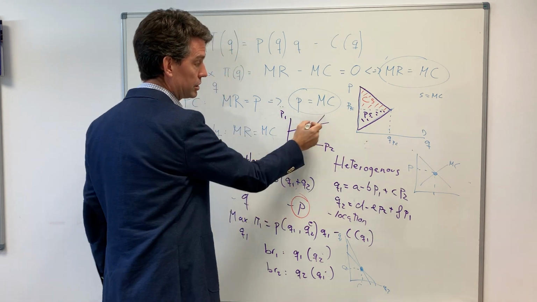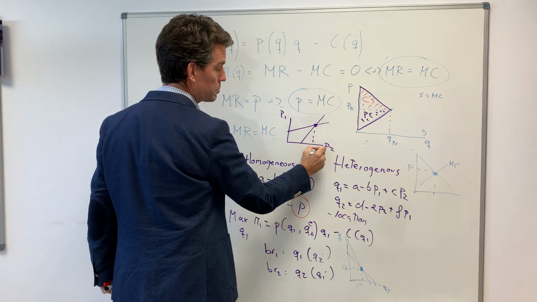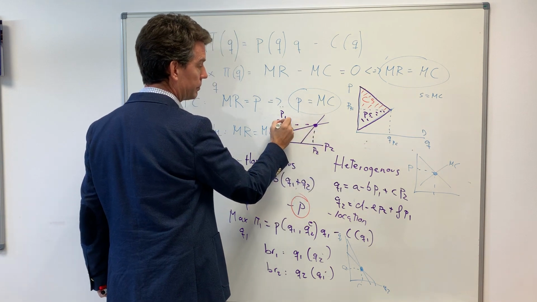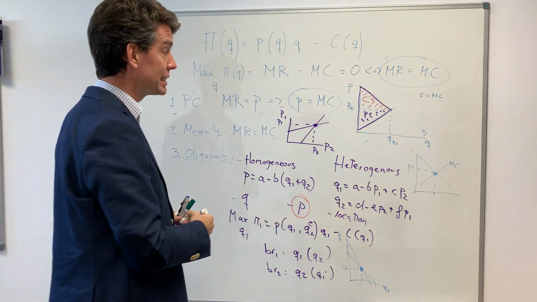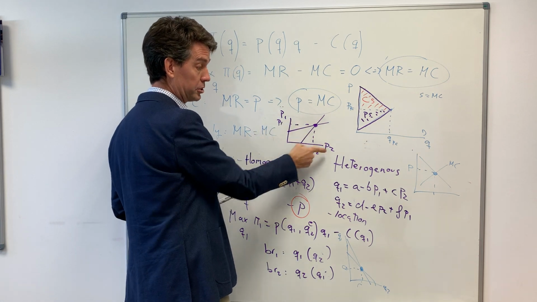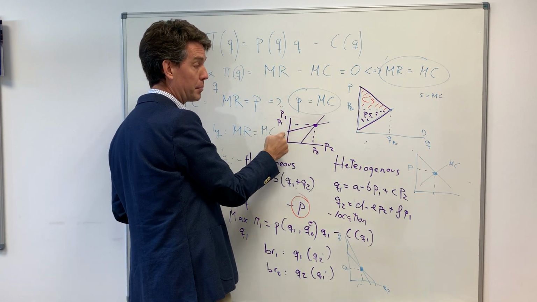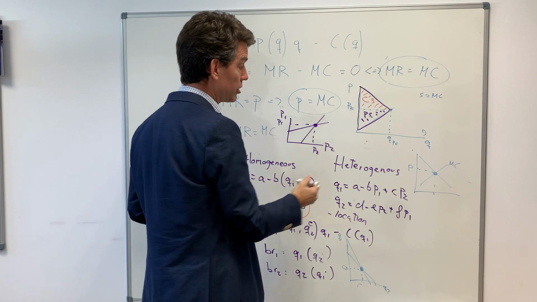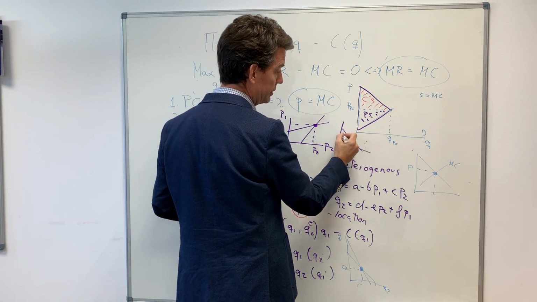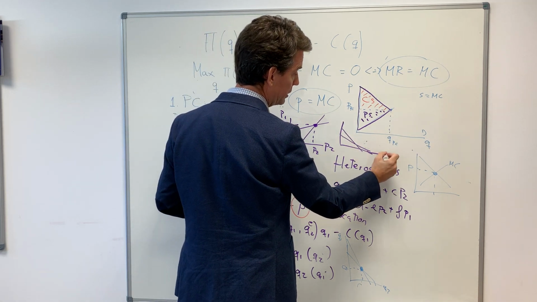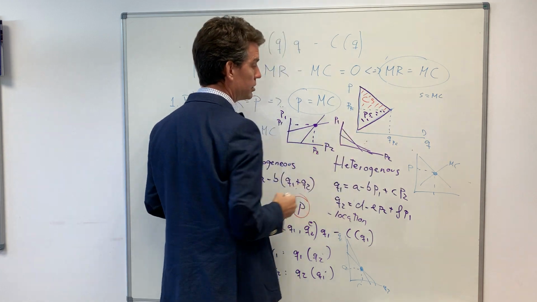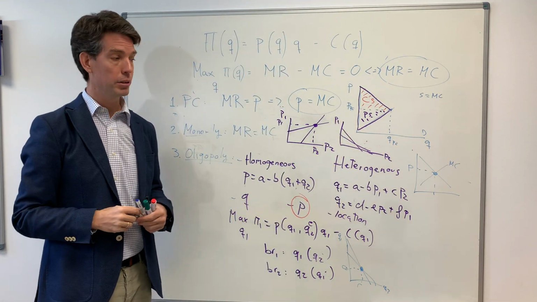They will be increasing functions in which we will find what is P2 and what is P1, right? As long as they are substitutes, they will be increasing functions. The higher the price of my rival, the higher my price can be. And if they are complements, of course, then the best response function will be decreasing, okay? So make sure you know how to do those calculations.